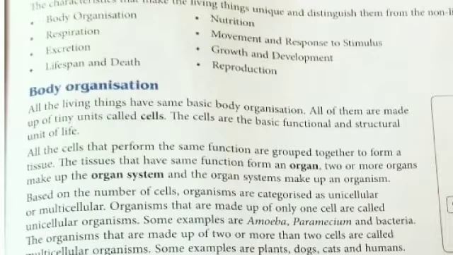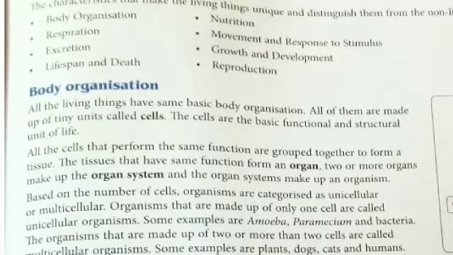Okay, it means there is a definite body organization of every living thing, every plant or animal. So all of them are made up of tiny units called cells. The body of these plants and animals is made up of a very tiny unit, the fundamental unit of life, the cell.